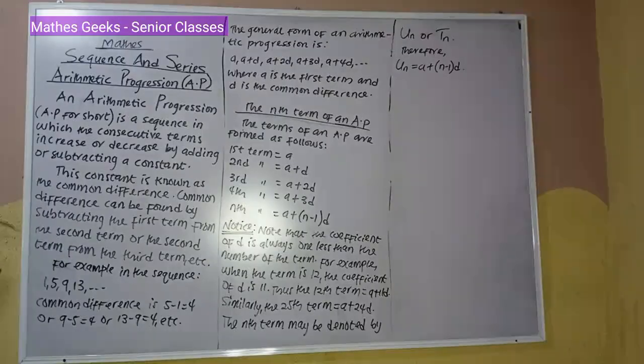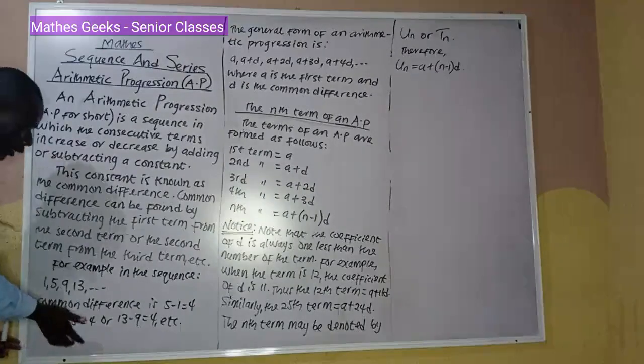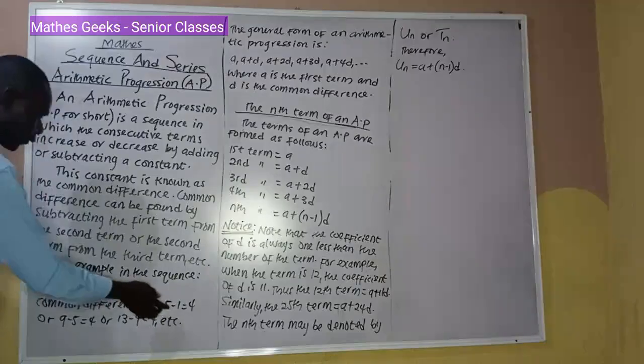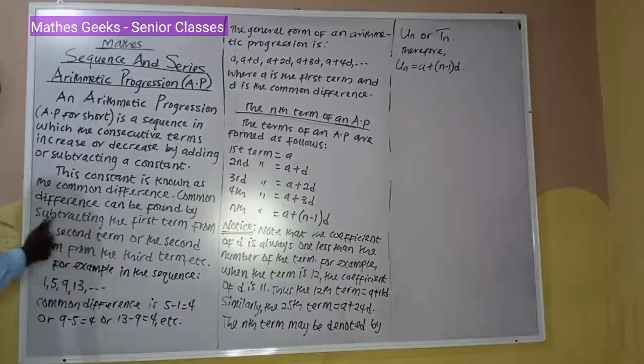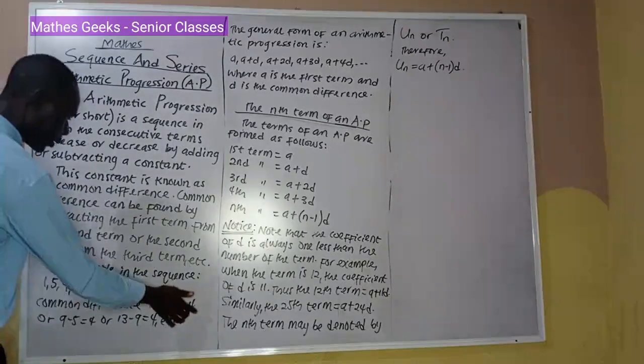And arithmetic progression is one that is gotten when the consecutive terms increase or decrease by adding or subtracting a constant, and that constant is known as the common difference. So the difference is common when the first term is subtracted from the second term, or when the second term is subtracted from the third term, or when the third term is subtracted from the fourth term. As we can see here, when you take the difference between the first and the second term, the difference is 4.